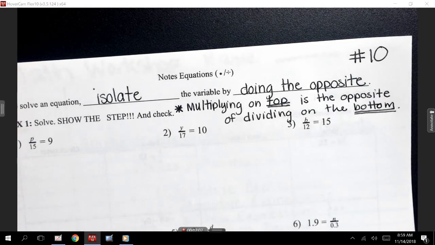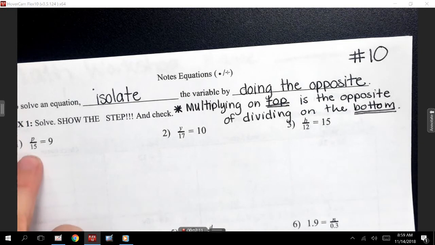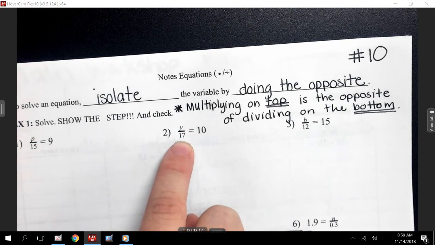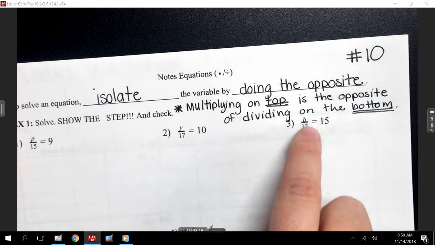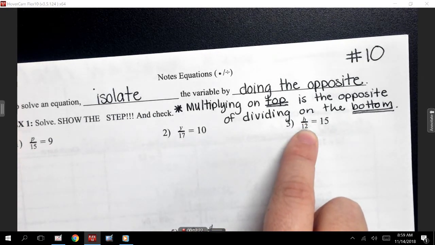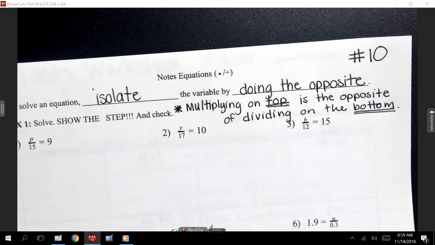Top is the opposite of bottom, right? Because if you'll notice, in all of these division problems, P divided by 15 is on the bottom. Y divided by 17 is on the bottom. B divided by 12 is on the bottom. Whenever you're dividing, that number is going to be on the bottom.